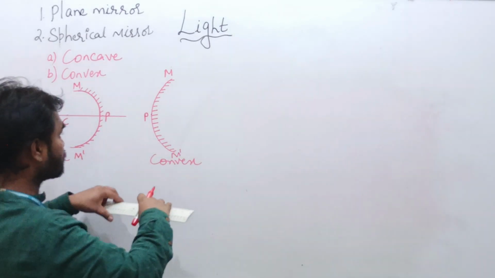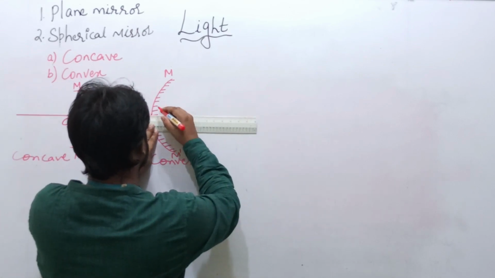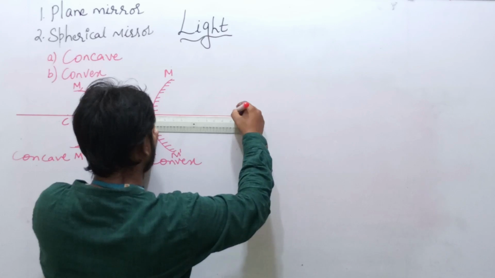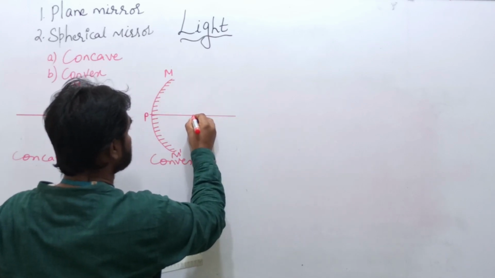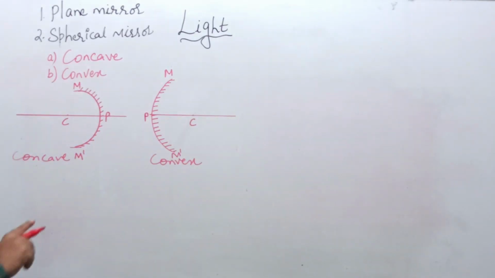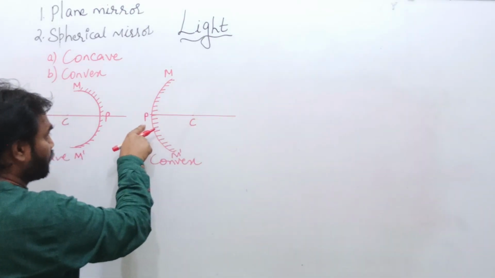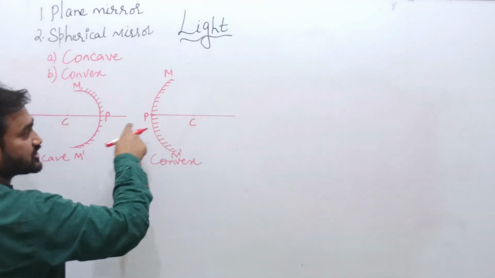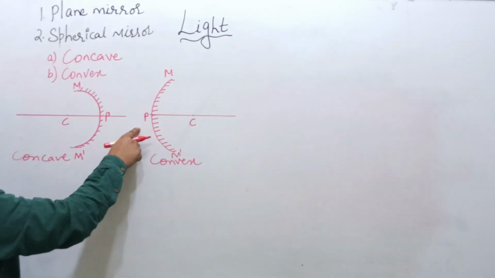Here also similarly, I'll draw a straight line passing through the pole and the center of the spherical mirror. The center of the spherical mirror is the center of curvature. P is the pole, and the straight line passing through the center of curvature and the pole is the principal axis.